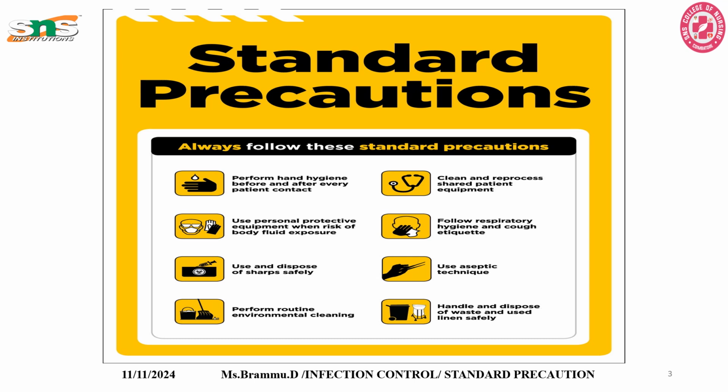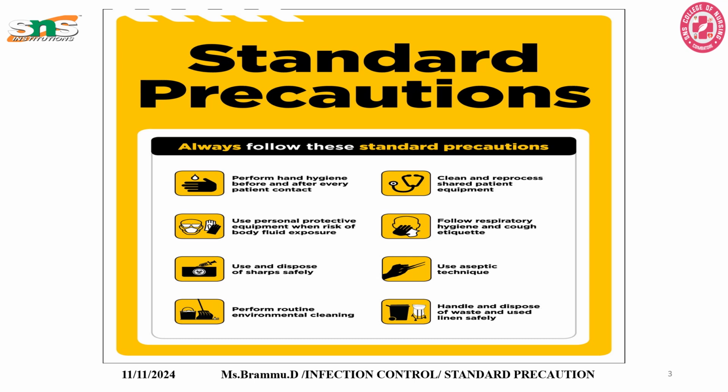Then using PPE and equipment when at risk of any blood or body fluid exposure. Following respiratory hygiene and cough etiquette, so whenever we cough, we use our elbow and cough, not using the hands, and closing the mouth. Using and disposing of sharps very safely, not injuring ourselves or other personnel.